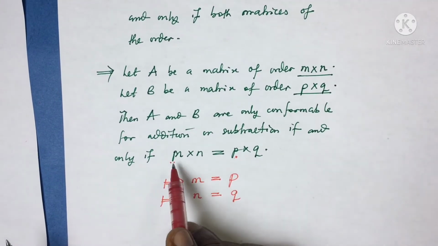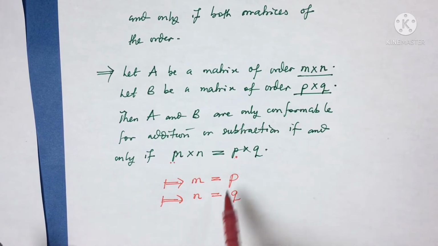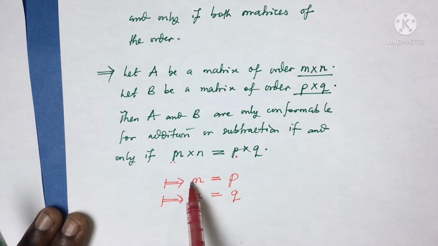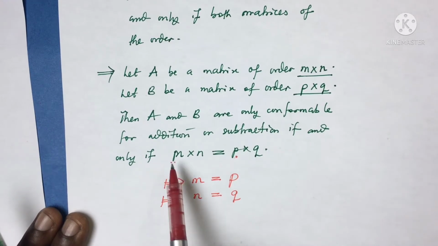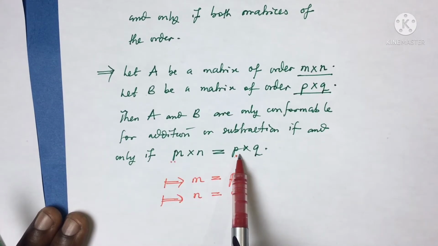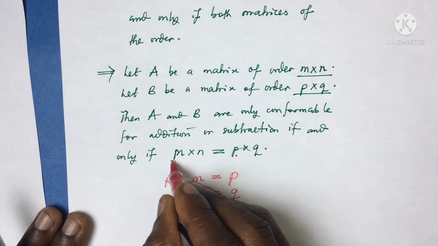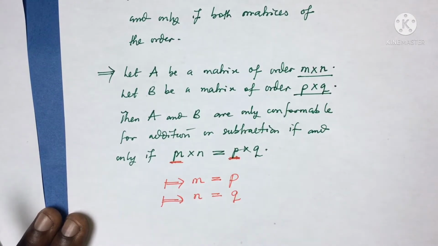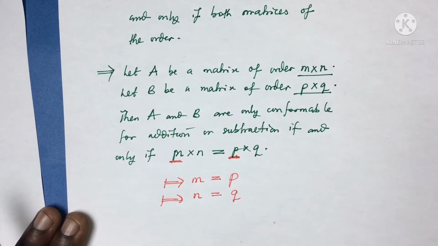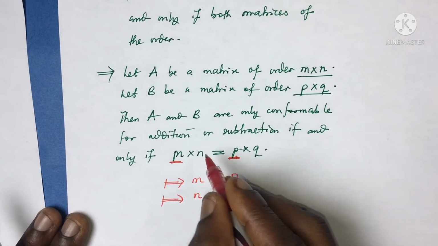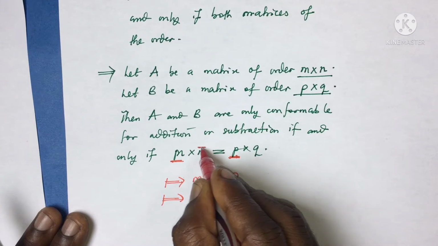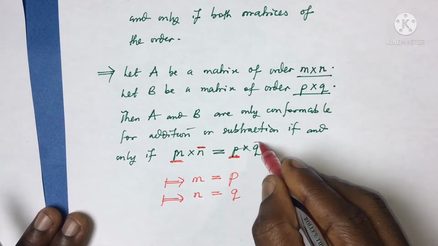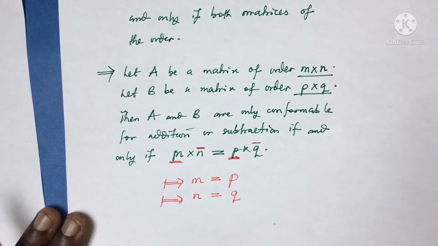From this equation, the implication is derived. Okay? If m by n is equal to p by q, then m, the number of rows in A, is equal to p, the number of rows in B. And this also means that n, the number of columns in A, is equal to q, the number of columns in B.